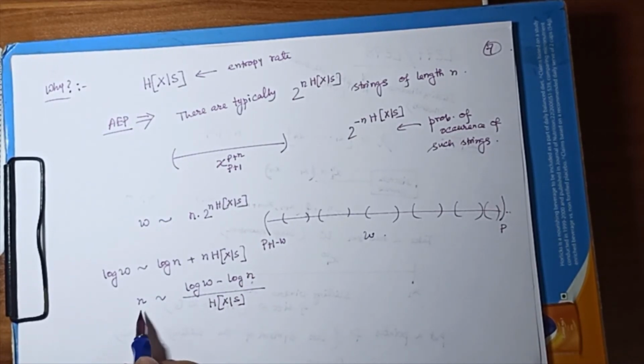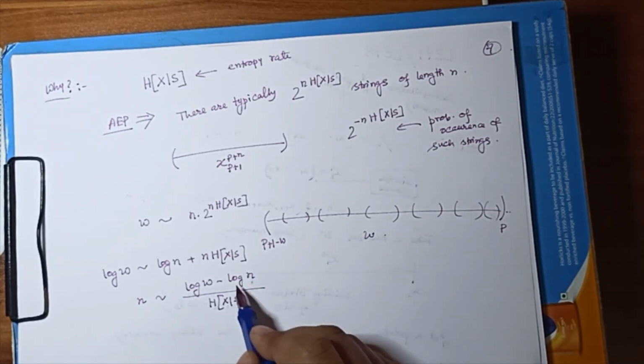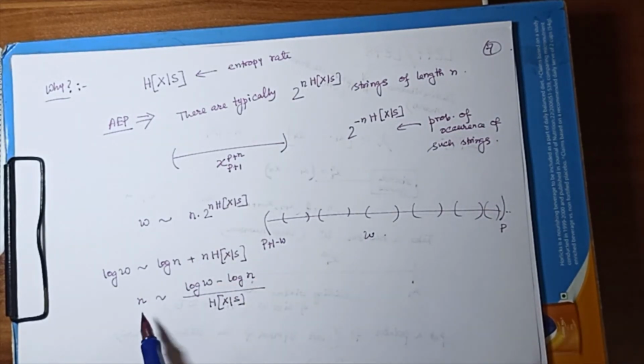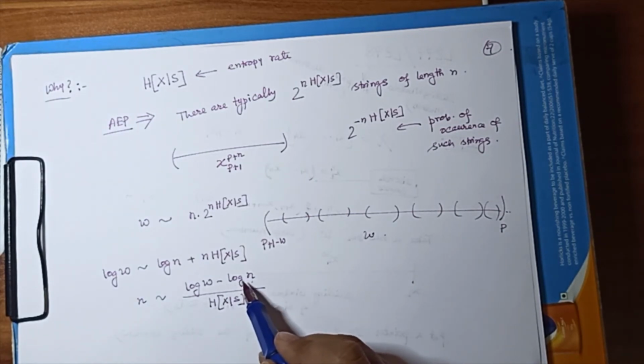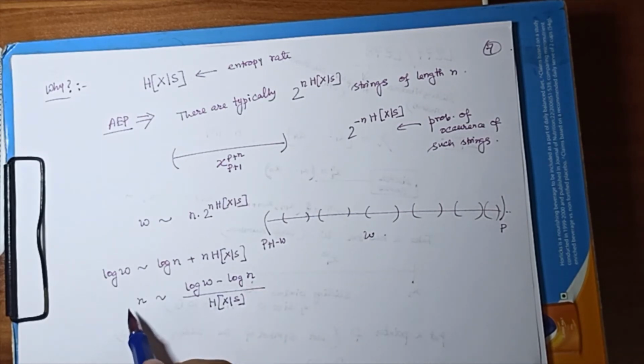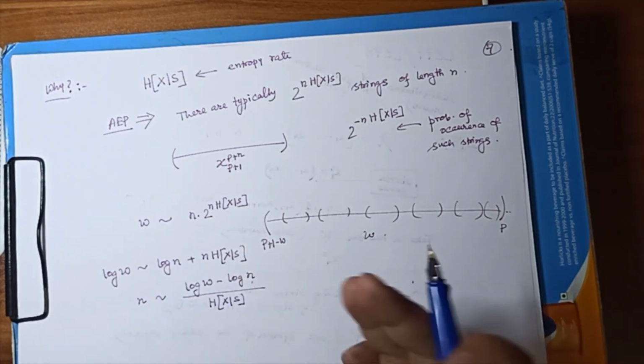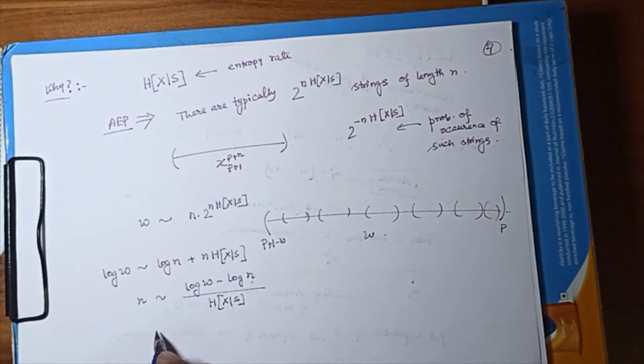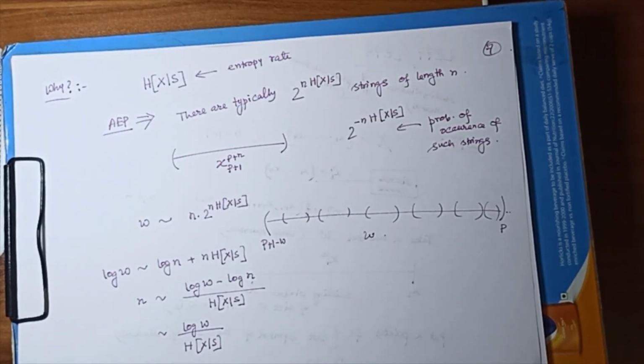And if you are working with large n, you can ignore this log n. Log n is much smaller compared to n. So if n is say 1024, log n is 10, so you can ignore this 10. It can be even more, right? Then log n by n goes to 0. So this is close to log w by H(X given S). Okay.